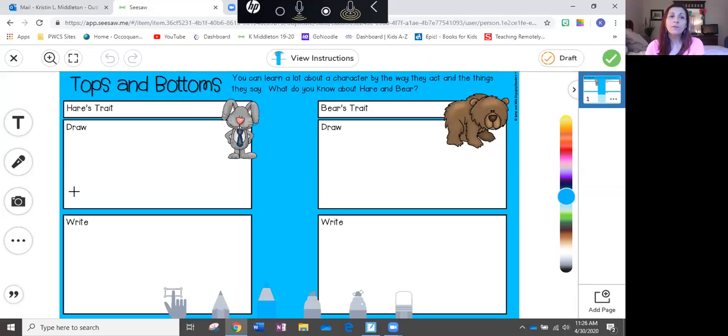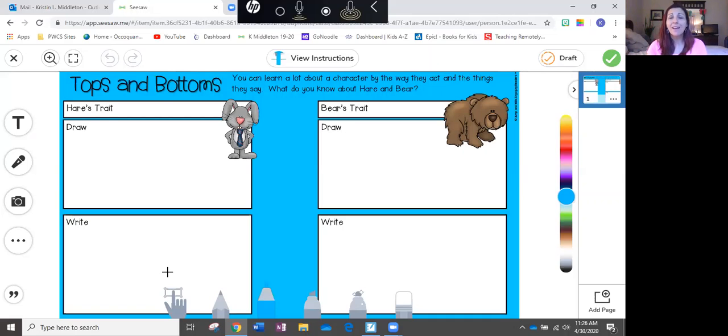And then down below, you can use the T or the pencil to write in some of those words that describe the character. We learn a lot about characters by the way they act and the things that they say. So some of those words that we sorted today kind of describe each of those characters, and we found evidence based on the way they act or the things that they say in our story.